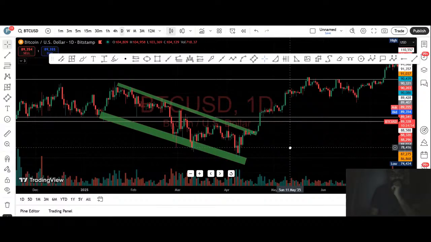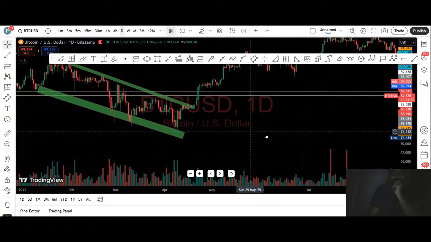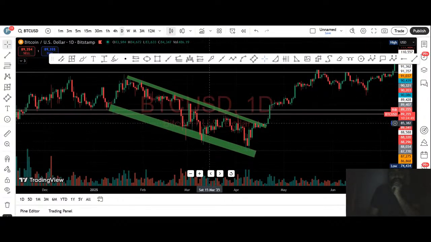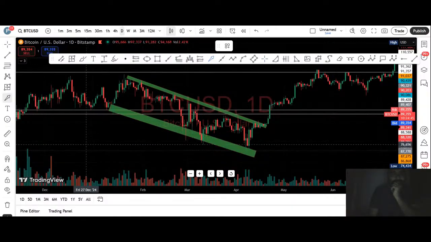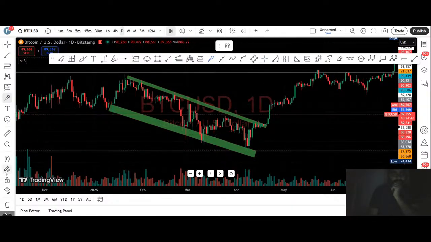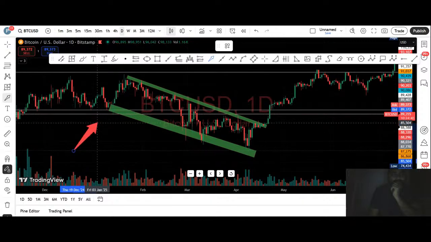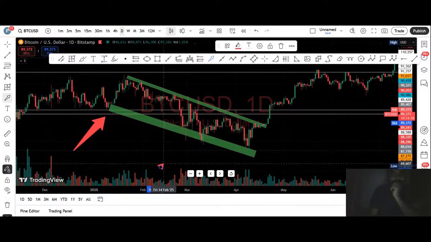What is structure? The structure is simple, sir. This is the daily time frame actually. The price comes here, suppose at this point, right? The buyer is active.